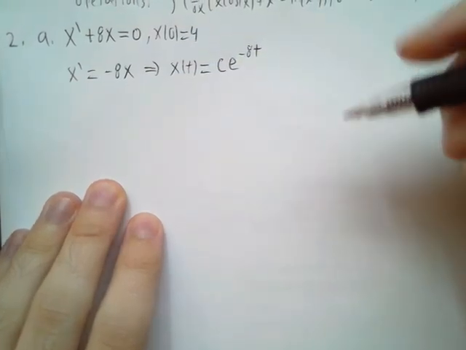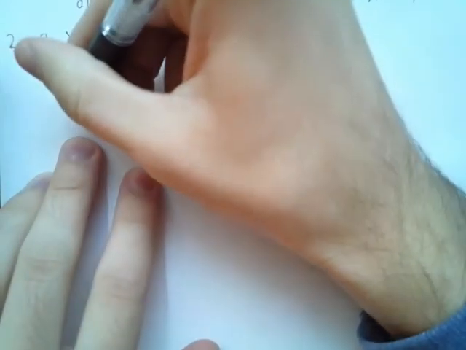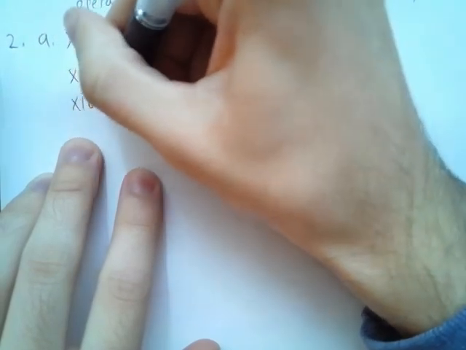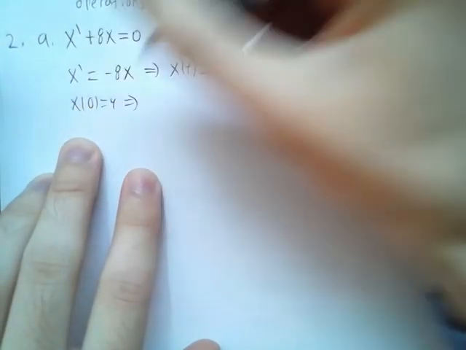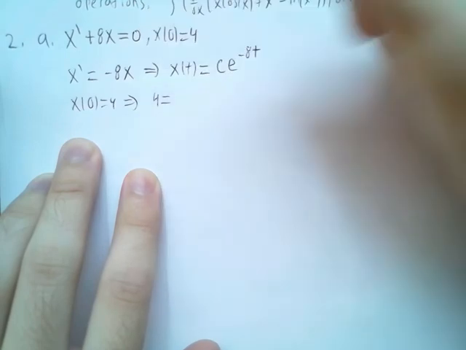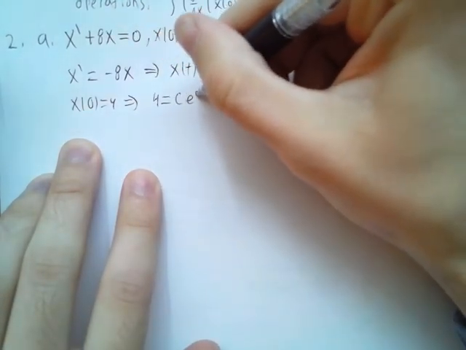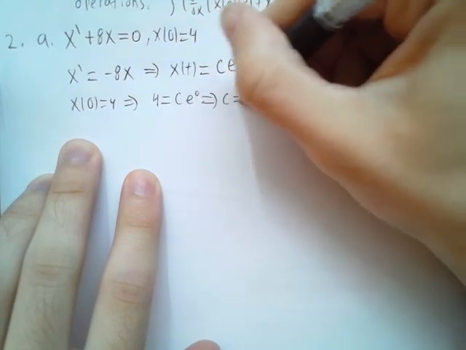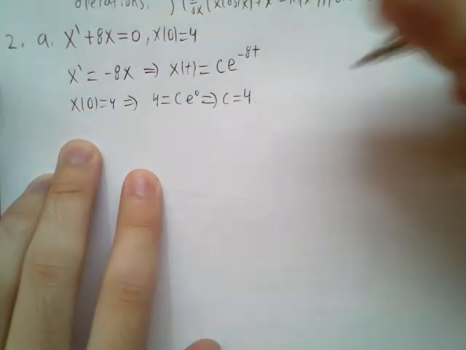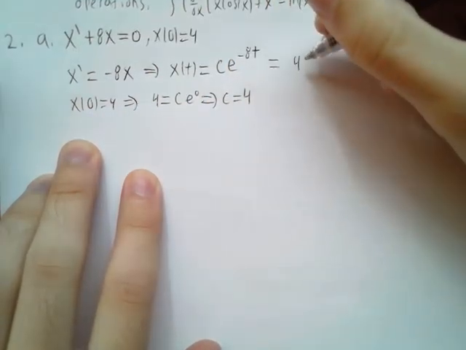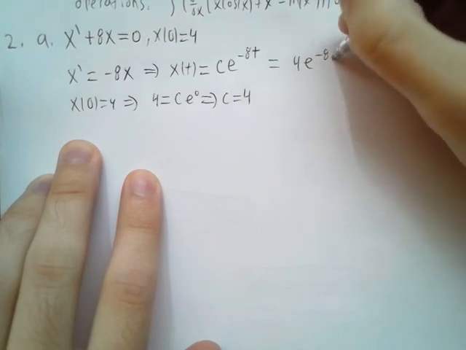Now the last step is to use our initial condition. x of 0 equals 4 implies that 4 is equal to c e to the 0, and this means c is equal to 4. So our solution is 4e to the negative 8t.